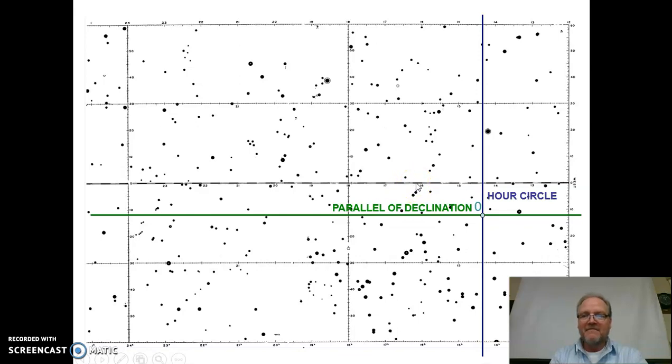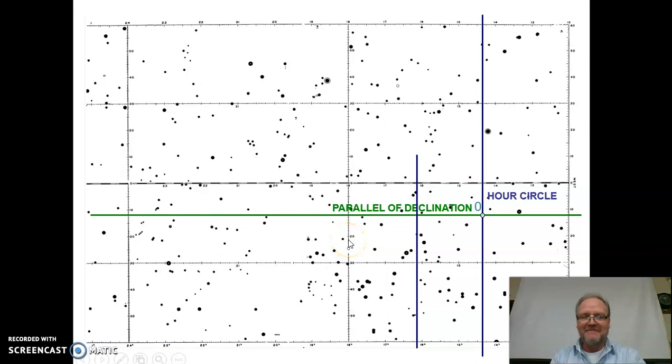Make a mark, and give me the vertical line right through that point. I'm a little wiser this time. I looked ahead of time and saw the declination was negative, so I really only care about the half that's below the celestial equator. The declination was negative 21, so I think I'll use the central axis. There's negative 20, there's negative 30. M8 and M20 are at about negative 24, and I need negative 21, which is right there.